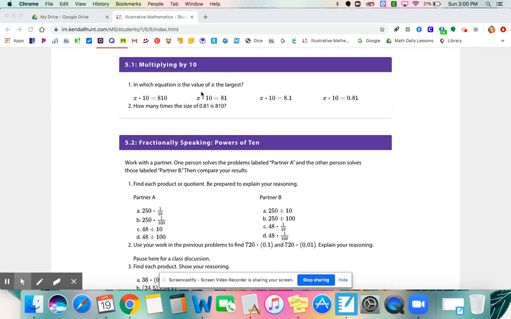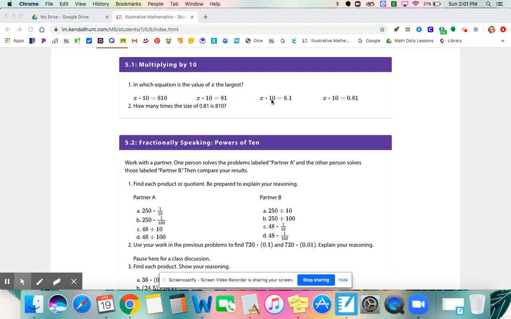So I love this first question here. It wants to know which x, and remember a letter holds the place of some number. We're trying to figure out which of these x's would be the biggest number. They're all being multiplied by 10, but they get different answers. 810, this x times 10 gets 81.